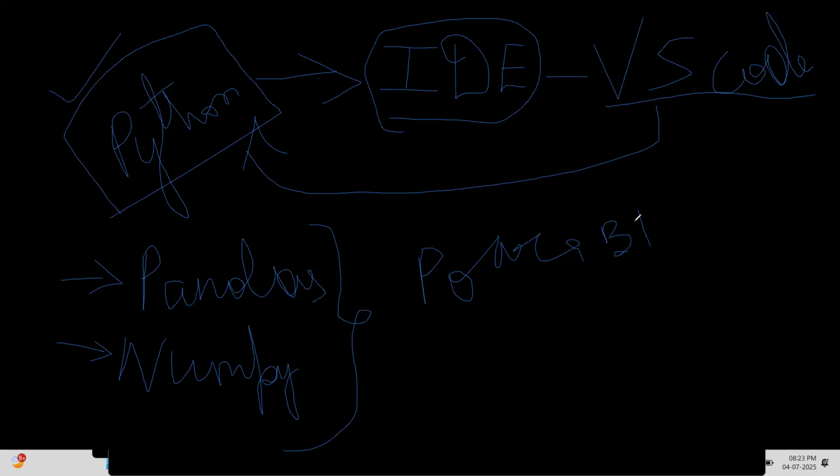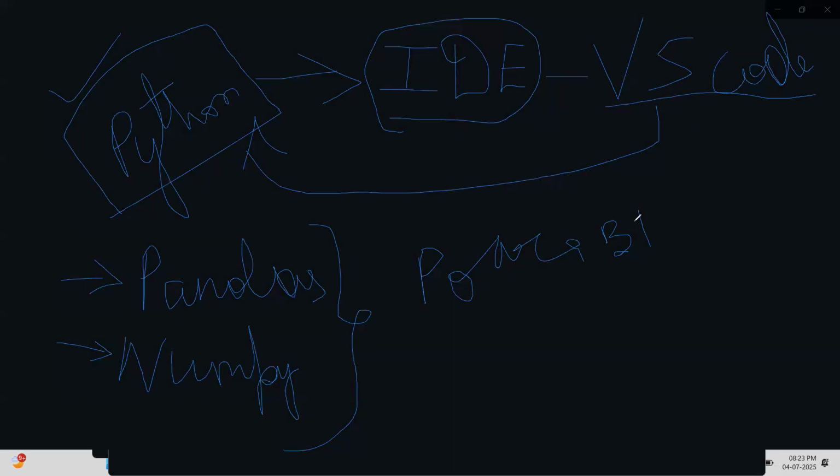You have to download Power BI Desktop. Why? Because desktop is free, where everyone can use it for free and create visualizations. There are 4 components in Power BI, which we can discuss in our coming classes.